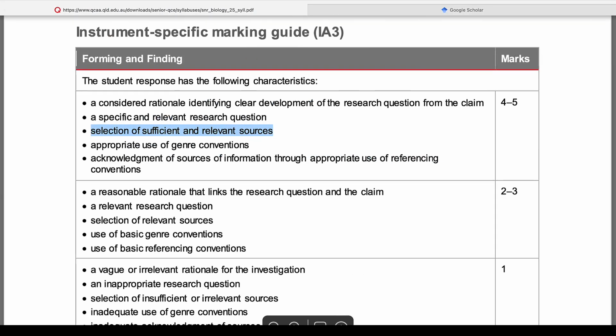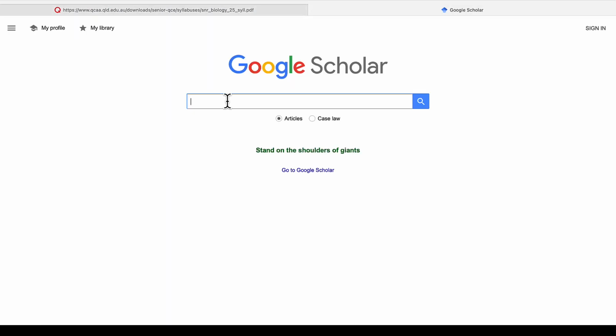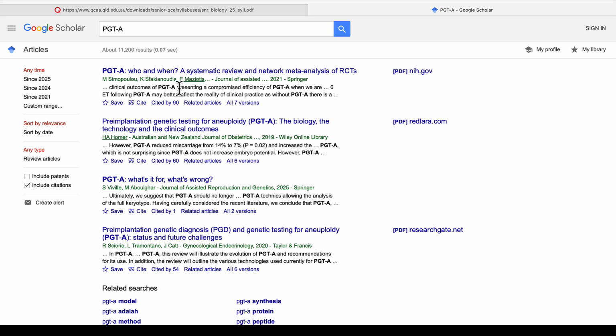So if we go up to Google Scholar, we can search PGTA, and you can see there's a whole heap of different sources here, not necessarily the ones that you're using for your evidence, but they are going to give you good background information.